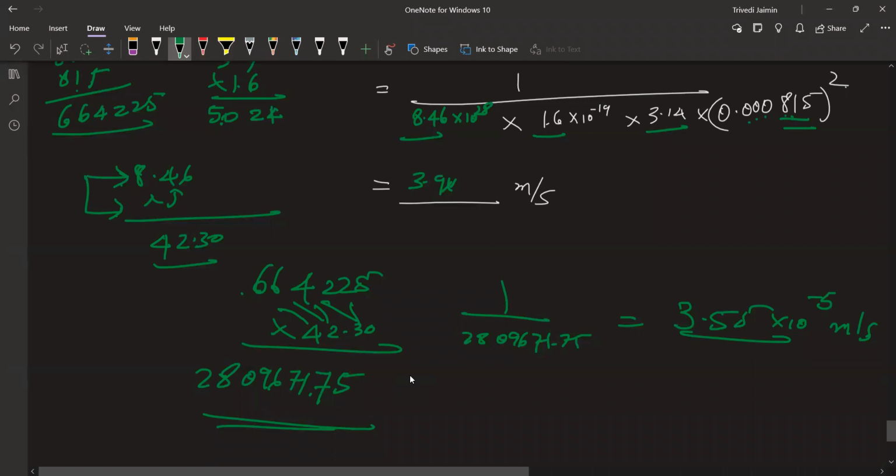See, if I just round up to digits, 1 by 2.8 into 10 to the power 5, then you will get nearby 3.33 something.